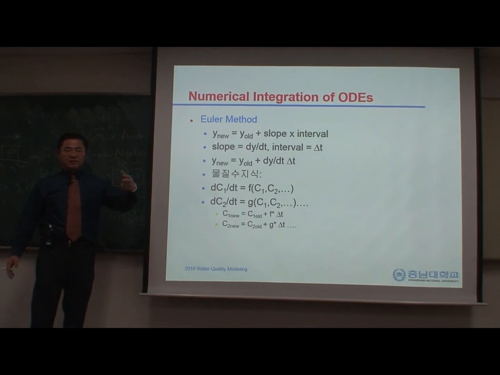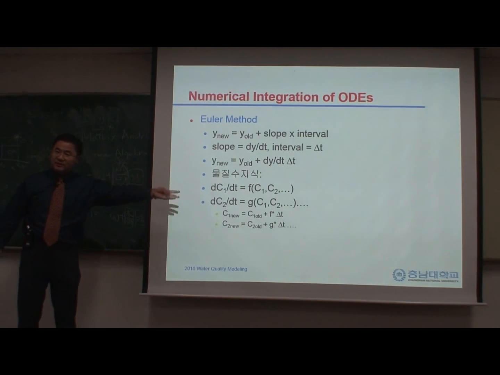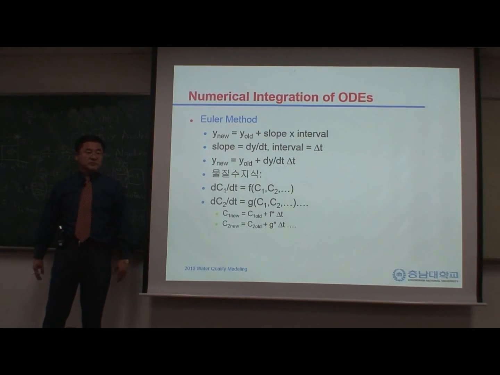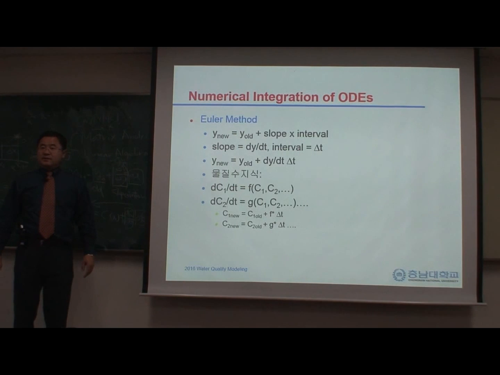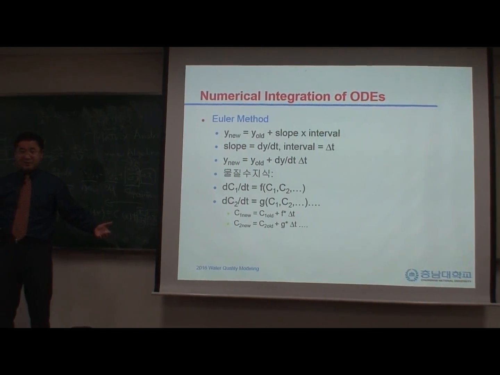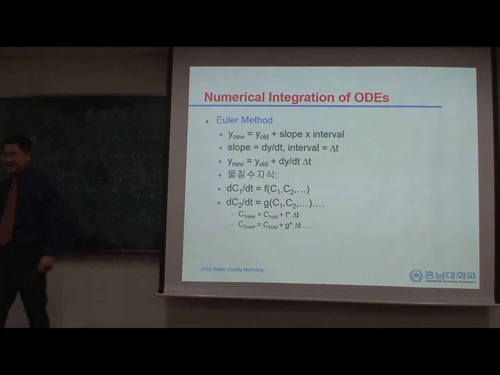So you can do it for phosphorus, nitrogen, algae, total organic carbon, silica, whatever. Okay? As long as you have dCdt, you can solve it. So now you know how to save the world, right? Because we just mastered the differential equation now. Happy, right?